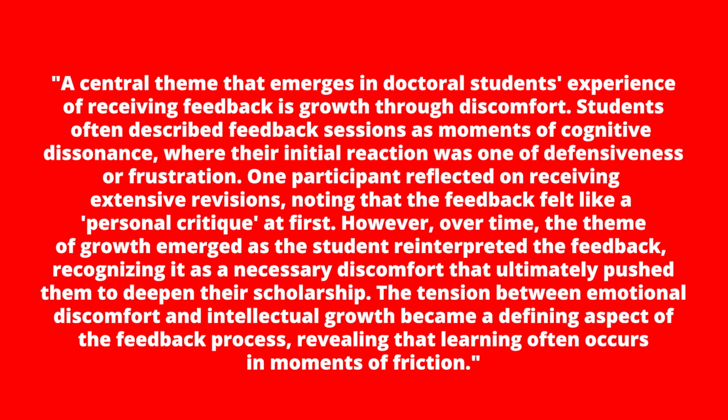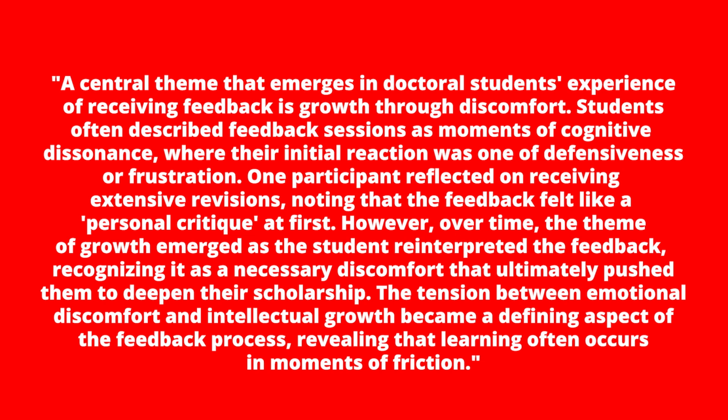However, over time, the theme of growth emerged as the student reinterpreted the feedback, recognizing it as a necessary discomfort that ultimately pushed them to deepen their scholarship. The tension between emotional discomfort and intellectual growth became a defining aspect of the feedback process, revealing that learning often occurs in moments of friction.